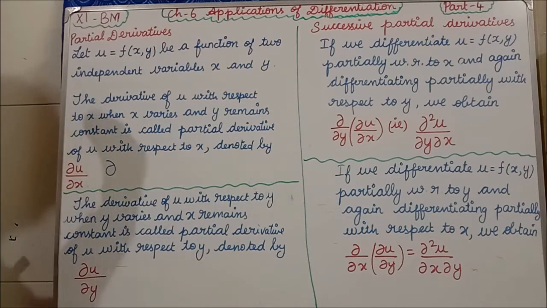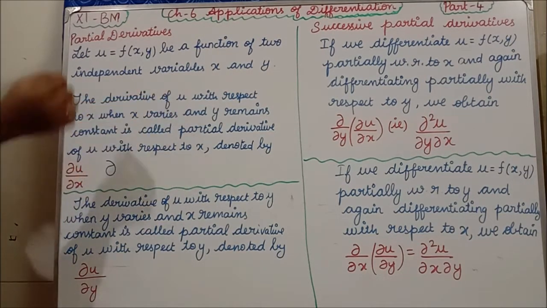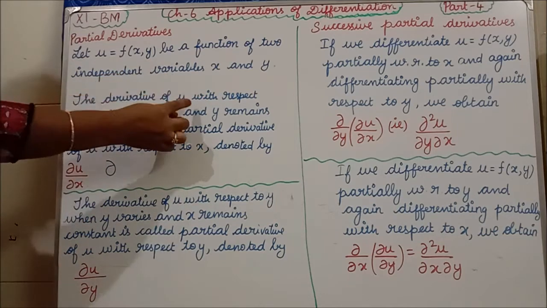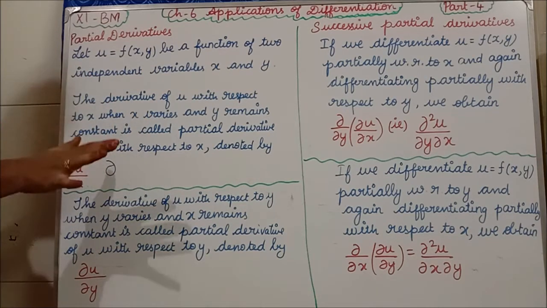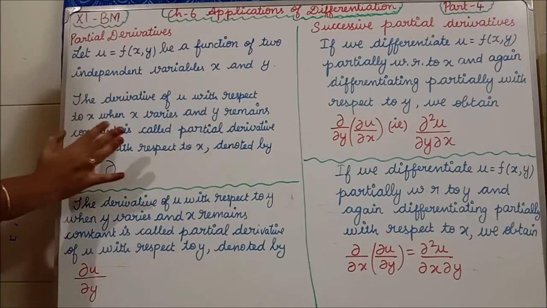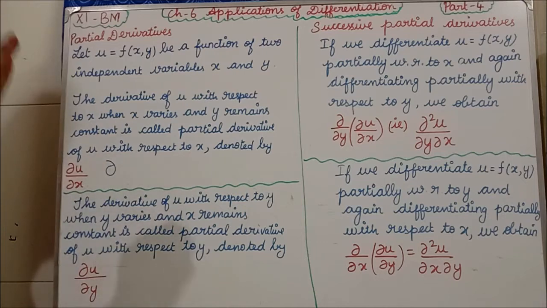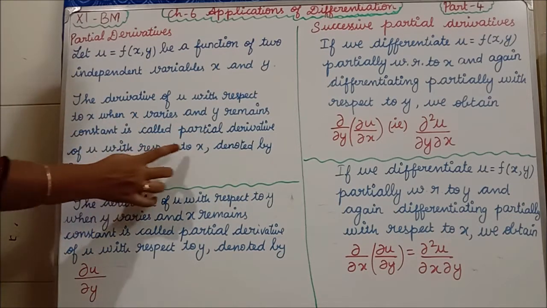In that, the derivative of u, which means the differentiation of u with respect to x, when x varies: if you are differentiating u with respect to x, then x alone varies and y remains constant. You should not differentiate the y value, you have to keep it constant. This is called the partial derivative of u with respect to x.